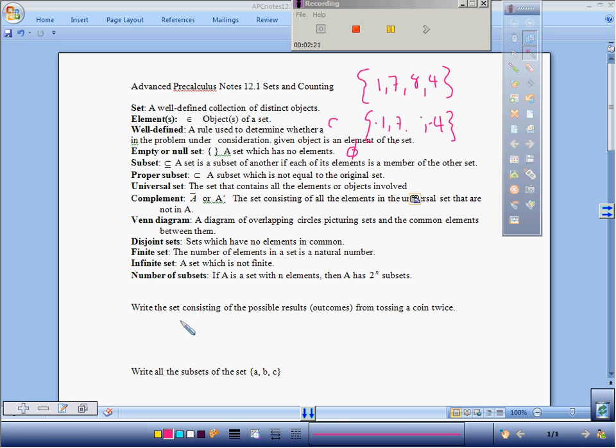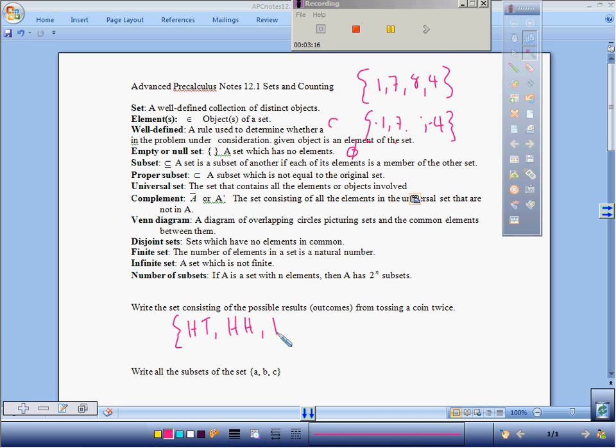So for instance, write the set of possible results from tossing a coin twice. What could happen if you toss a coin twice? What are all the possibilities? You could have heads and then tails. What else could you have? You could have heads, heads.